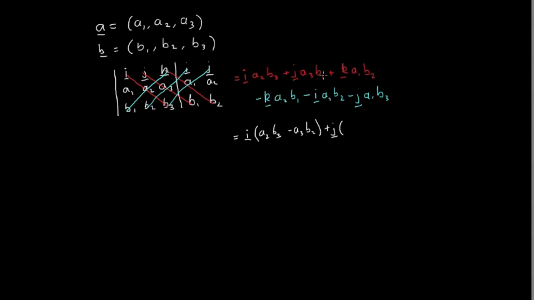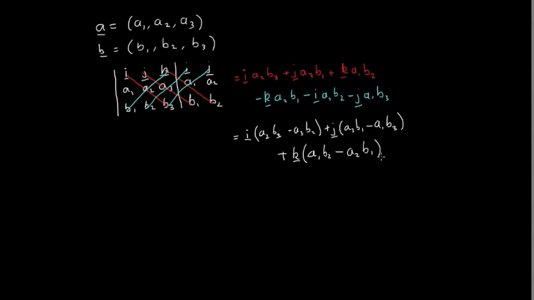We've got A3 times B1, and from that we subtract A1 times B3. And finally, we've got a vector k, and that's A1 times B2, and from that we subtract A2 times B1.